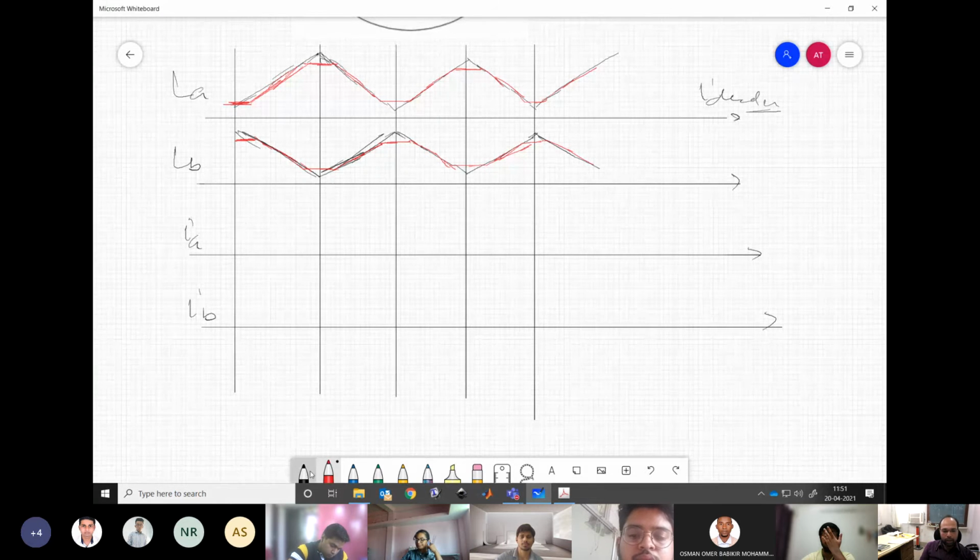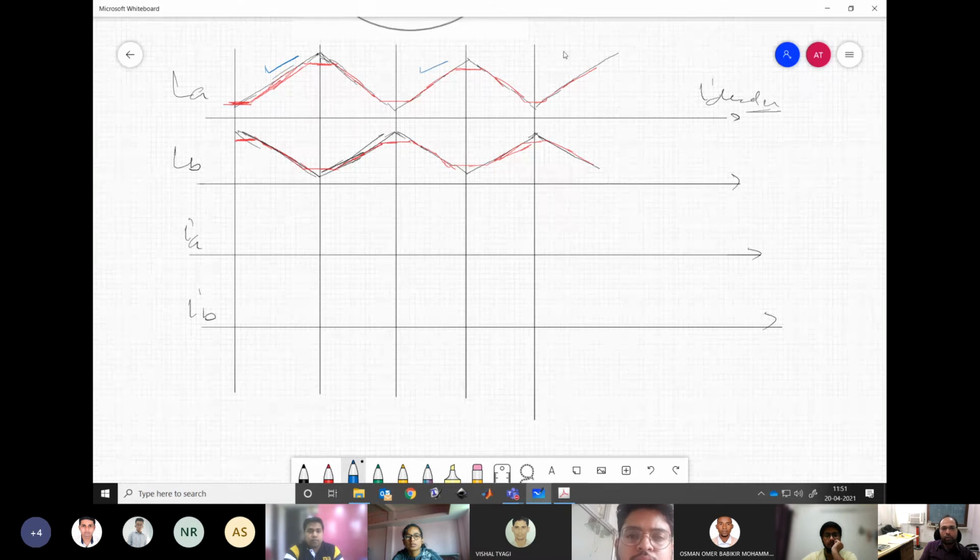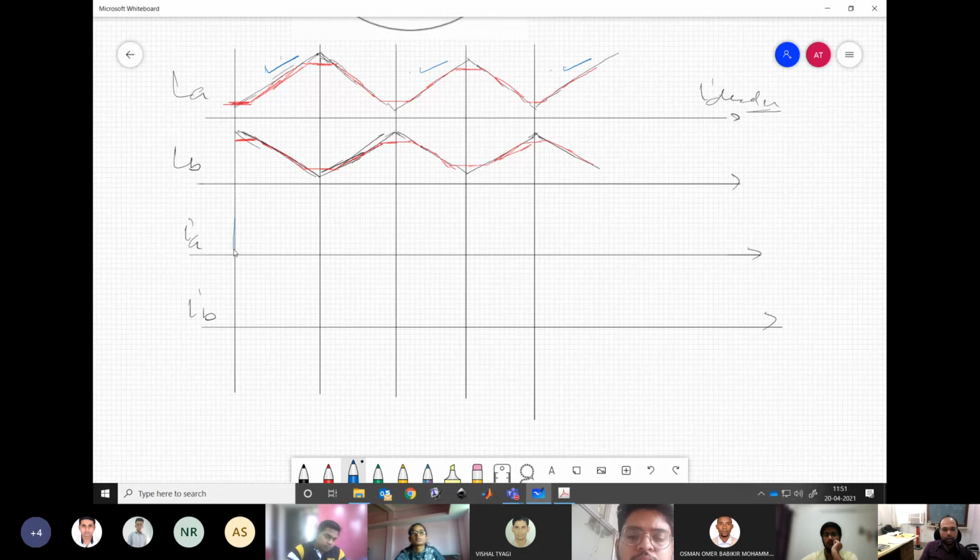Now, when will you apply current in phase A? During this period? Yes or no? So 1, 2, 3, like that you will apply the currents for the A phase.